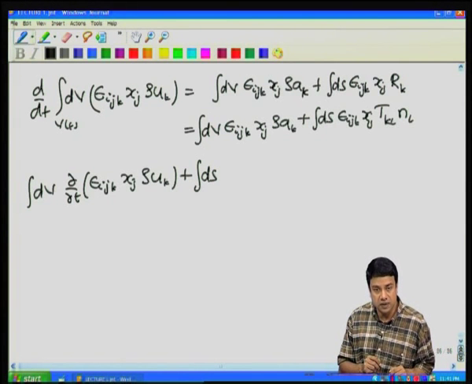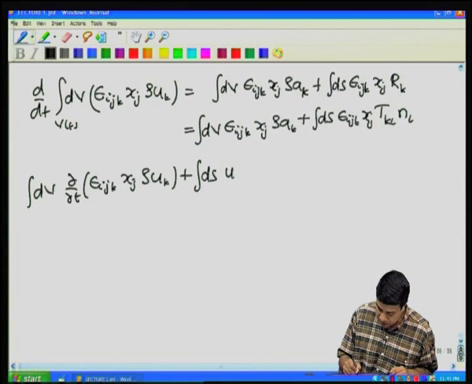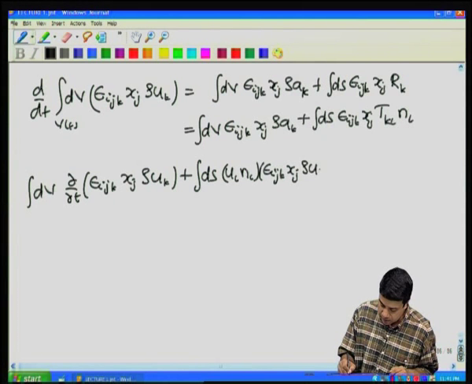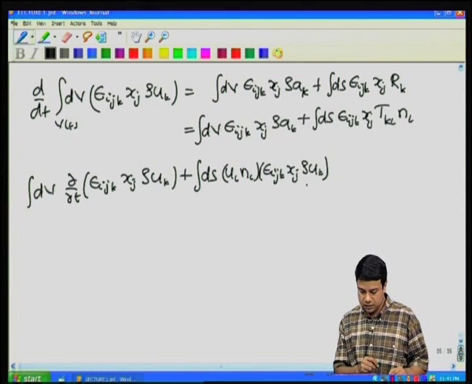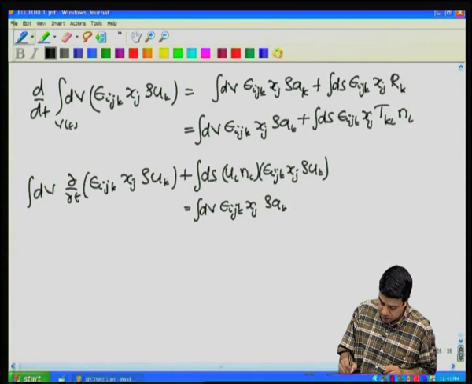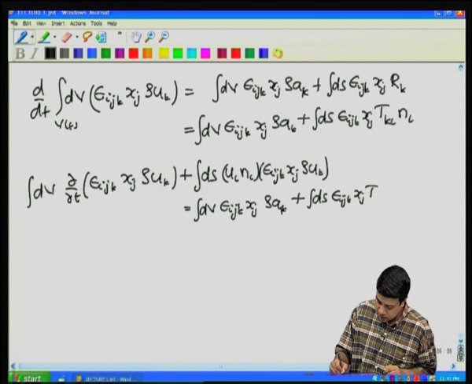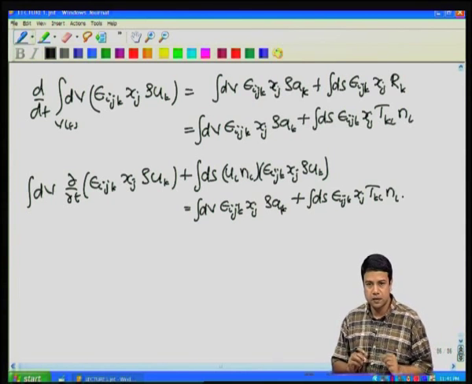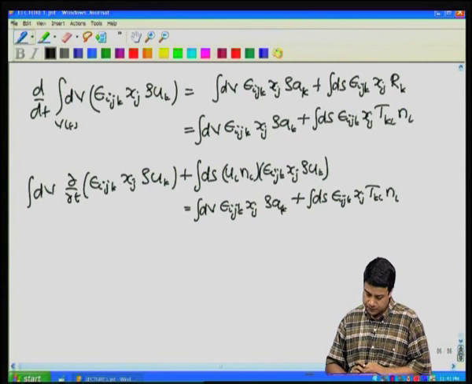I have to use a new index here for u, so this becomes u_l n_l times epsilon_ijk x_j rho u_k, which is equal to the integral over the volume dV of epsilon_ijk x_j rho e_k plus the integral dS of epsilon_ijk x_j t_kl n_l.